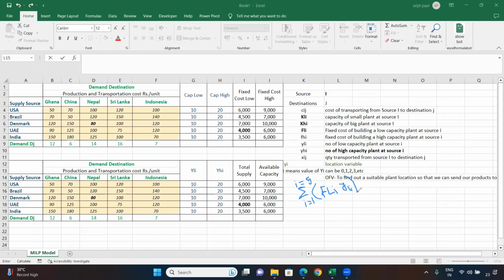YLI is the number of the low capacity plant. So fixed cost of low capacity multiplied with the number of low capacity plants. Similarly, we need to mention the same thing for high capacity as well. Plus FHI. What is FHI? Fixed cost for a high capacity plant multiplied with YHI.